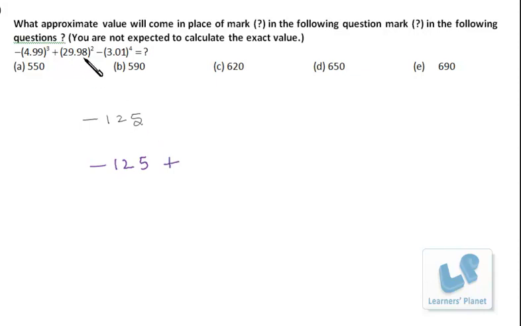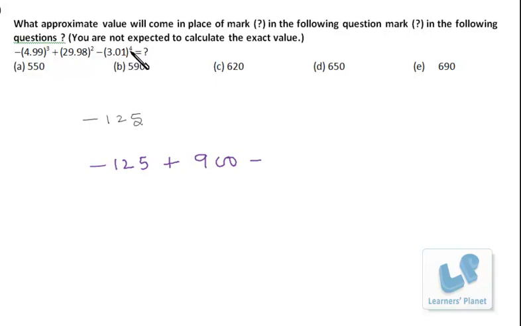Plus this is further 0.02, which I will be increasing. So 0.02, that is square. So the difference will be between 0 and 1, right? So further we can write it. So it's 30 square. 30 square is 900 minus further 0.01, which I'm reducing.